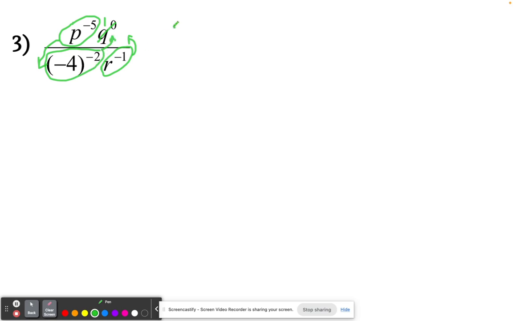So I'm going to end up with negative 4 to the 2nd power and r in the numerator, and p to the 5th in the denominator.